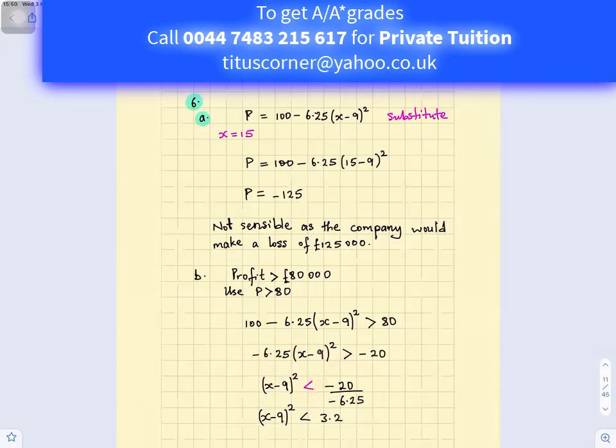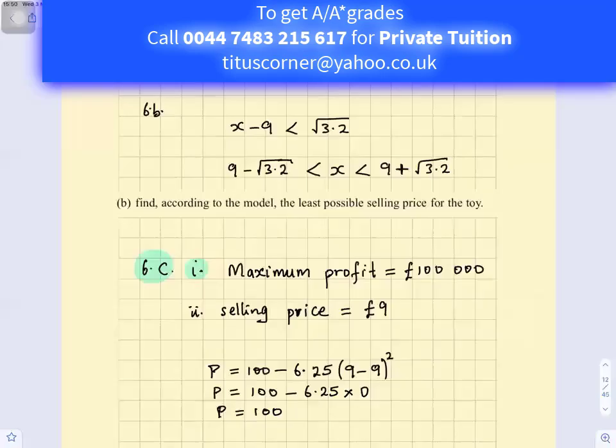And that will give x minus 9 squared is less than 3.2. So we take the square root to the other side. So x minus 9 is less than square root of 3.2. So if we add 9 to both sides, that means 9 minus square root of 3.2 is less than x, less than 9 plus square root of 3.2. So that's how you will do that part.